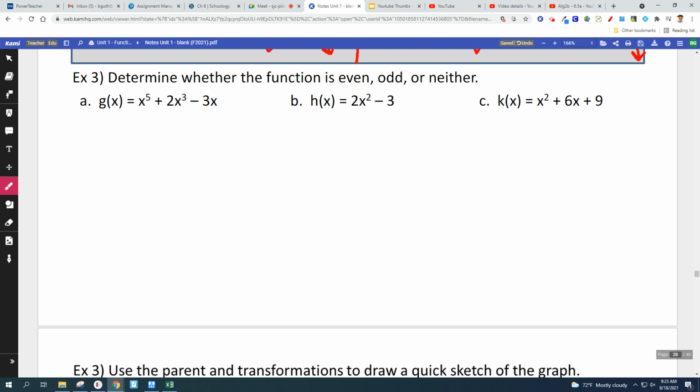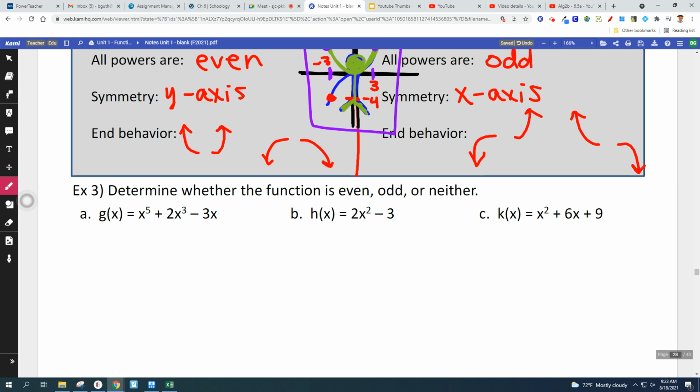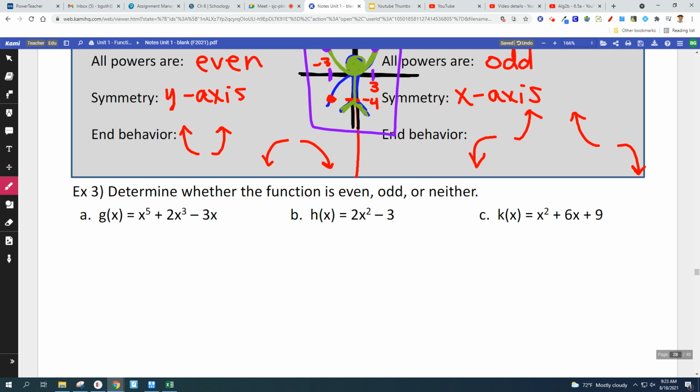Now this question is way easier than it should be probably. I don't need any of this stuff other than all powers are even or all powers are odd. It says determine whether the function is even, odd, or neither. See how this is x to the 5th, x to the 3rd, and x to the 1st? That's an odd function.